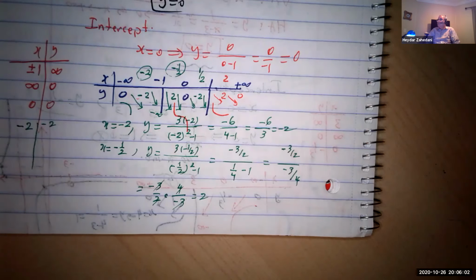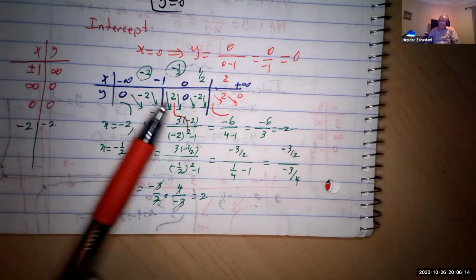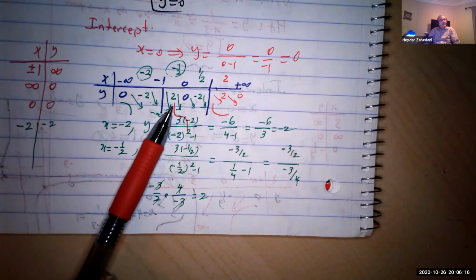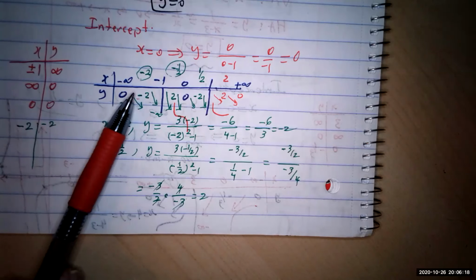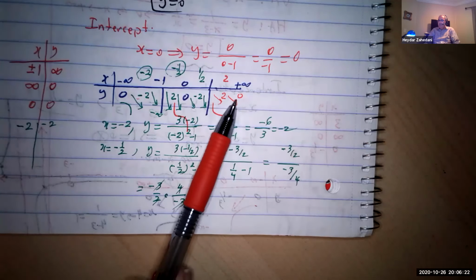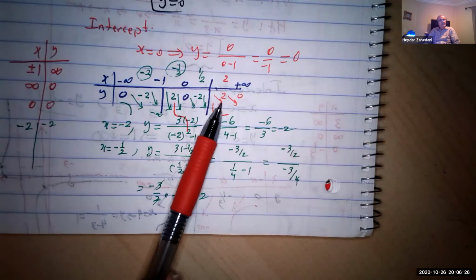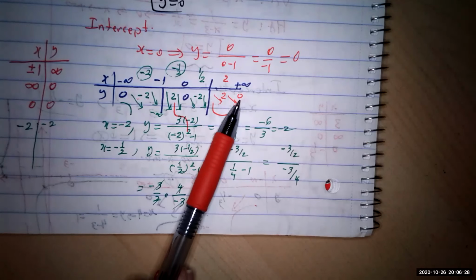And now we are going to graph it. Any question? Yes, how do you know that it goes down between the asymptote and 2? You see this last one, I just check. You see x equal to 2, you get y equal to 2, and this is the asymptote.